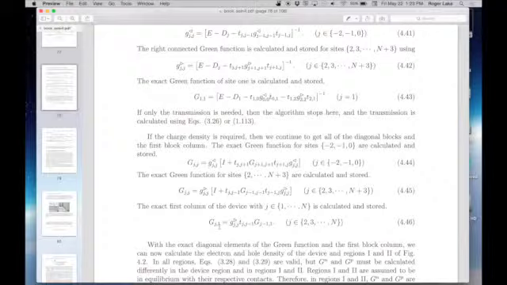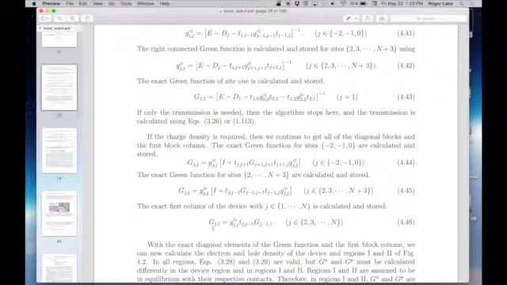Think of 1 as being the index i. Which way are we going? We're moving this index to the right, so you're relating j to j minus 1.